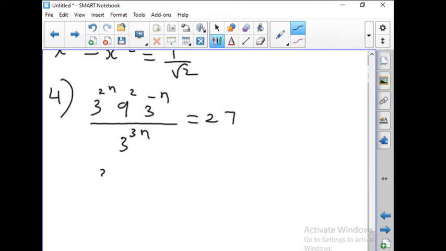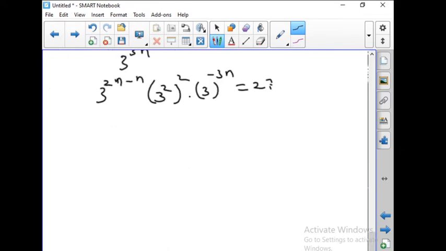So first term and last term we can combine and write 3 power 2n minus n. Then 9 is 3 square, so 3 square the whole square. Then the denominator also you can bring to the numerator, so we get 3 power minus 3n is equal to 27.